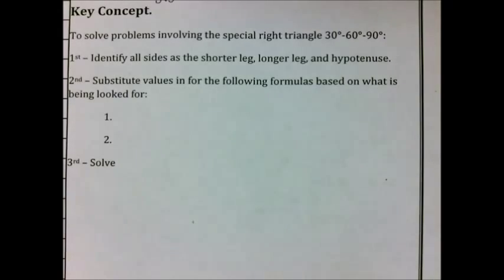Your key concept here: to solve problems involving the special right triangle, the 30, 60, 90, we first need to identify all the sides. Identify the shorter leg, the longer leg, and the hypotenuse. The second step is to substitute those values into the following formulas based on what is being looked for.